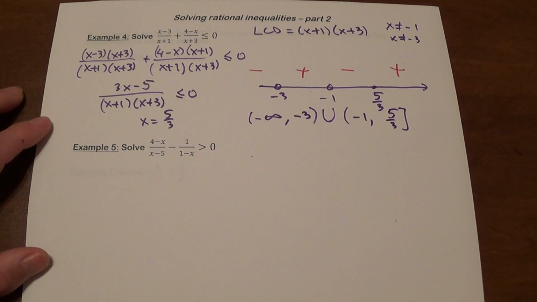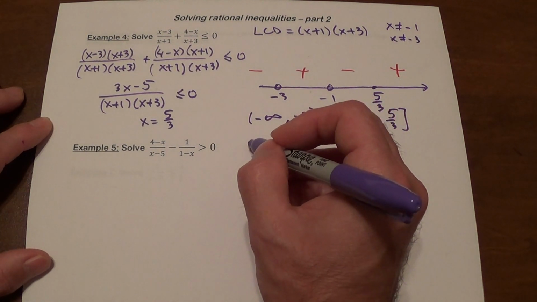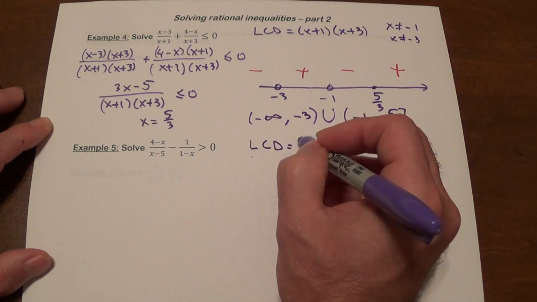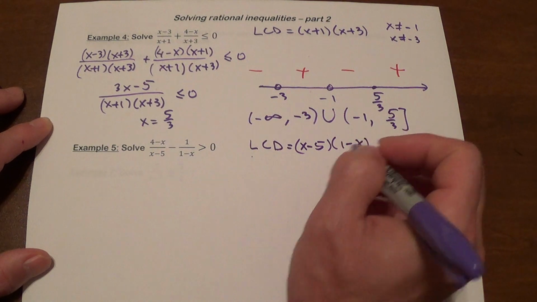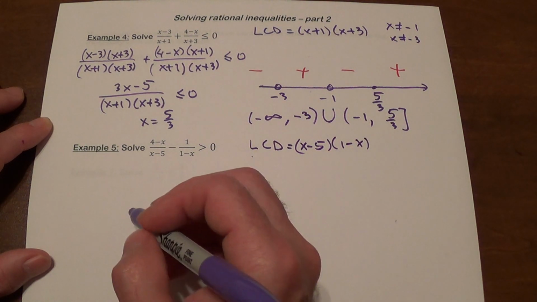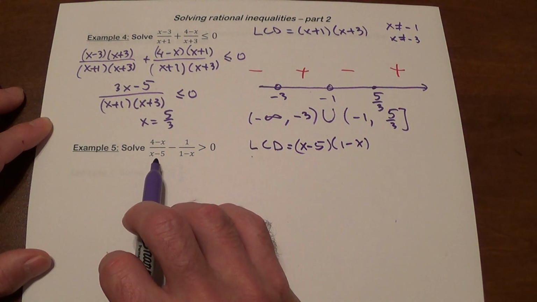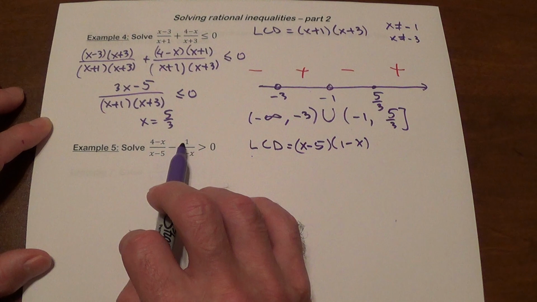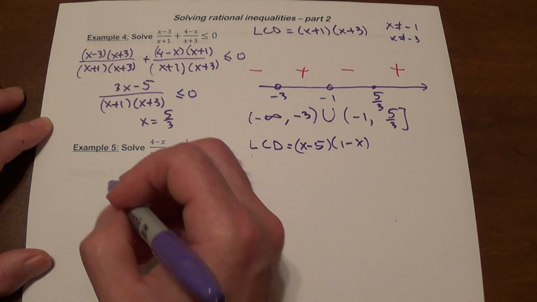All right, moving on. So here our least common denominator is going to be x minus 5 times 1 minus x. Pretty obvious. So you can see now the idea that you multiply this one here top and the bottom by 1 minus x. This here top and the bottom gets multiplied by x minus 5.